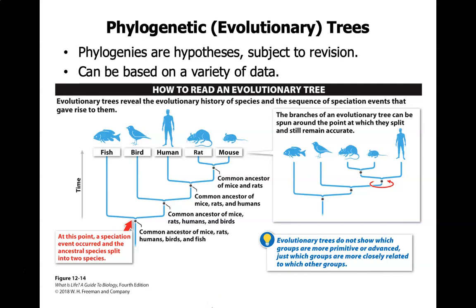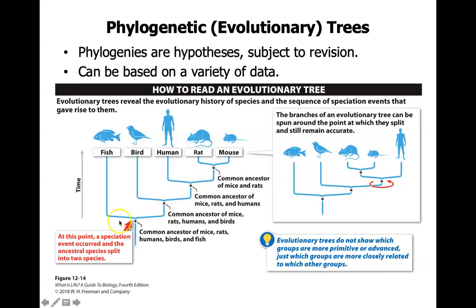One thing that phylogenetic trees don't tell us is the relative level of evolution of each of these organisms. So we are not more evolved because we've branched off farther along than a fish. We've simply been going down our evolutionary trajectory since a common ancestor for the same amount of time.